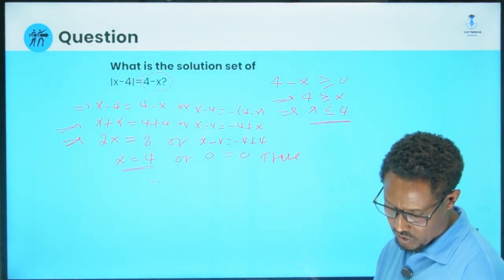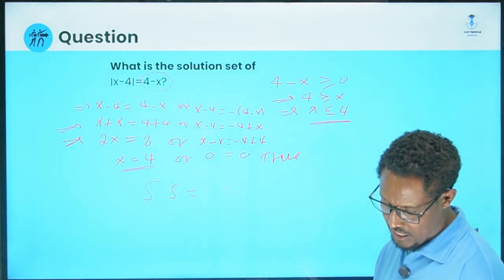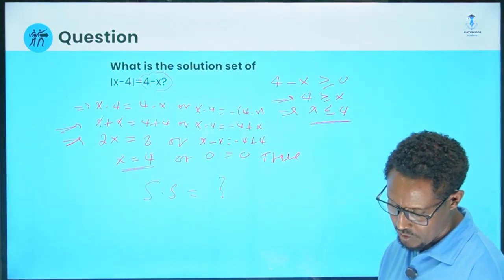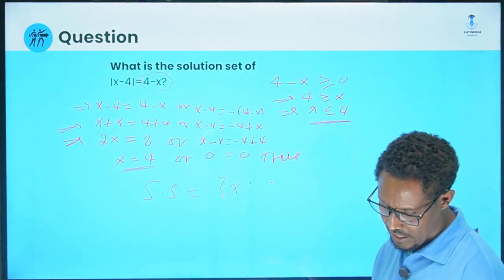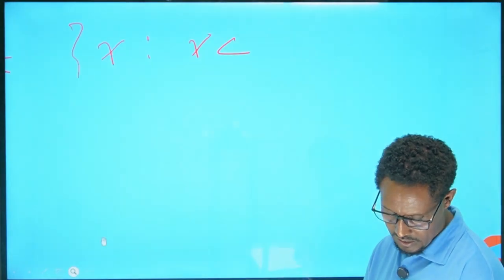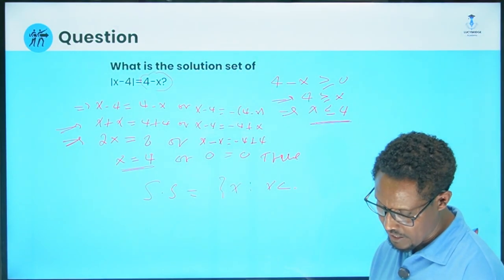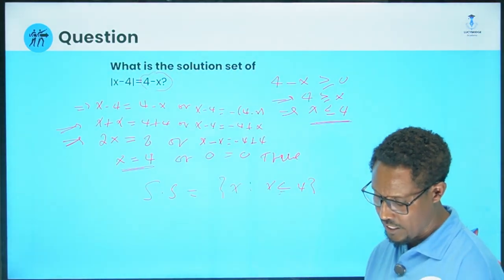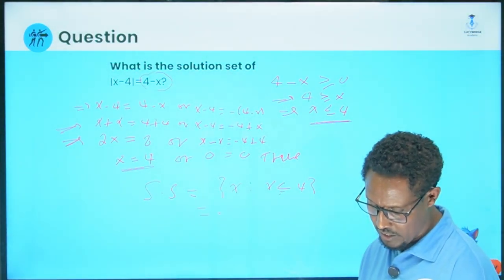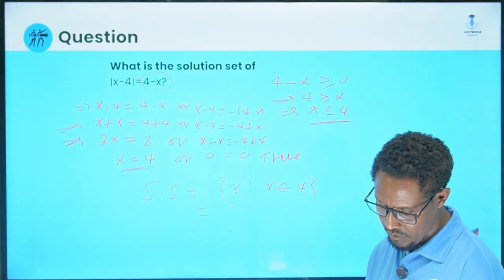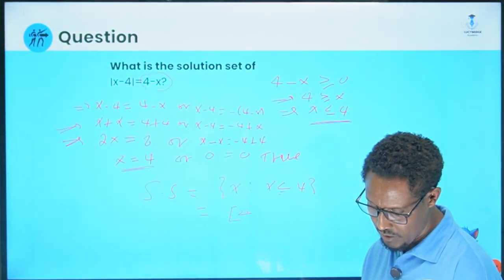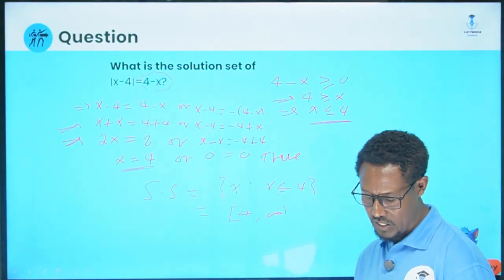Our solution set is every real number, or simply x such that x is less than or equal to 4, or in other words it can be written from negative infinity to 4.